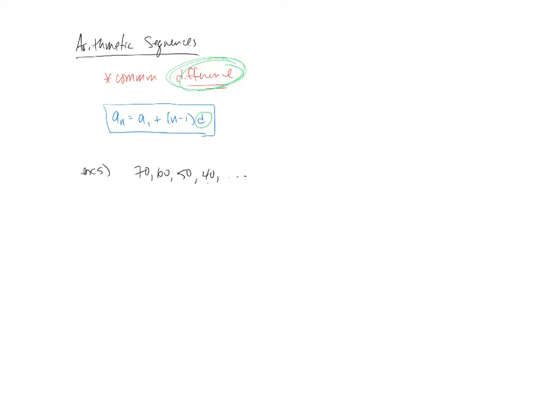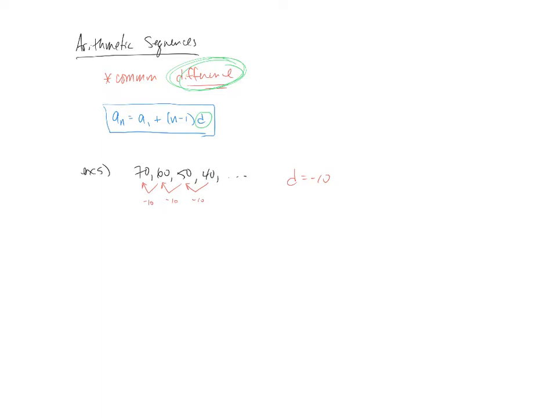So, for example, 40 minus 50 would give us a negative 10. 50 minus 60 would also give us a negative 10, and 60 minus 70 is negative 10 as well. So there does appear to be a common difference of negative 10, so we are looking at an arithmetic sequence.